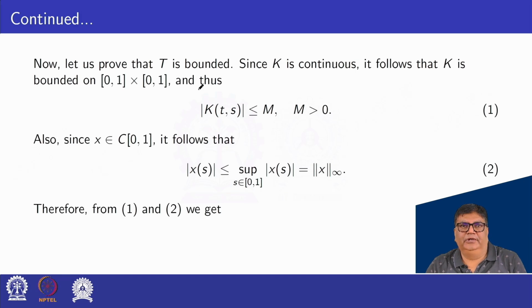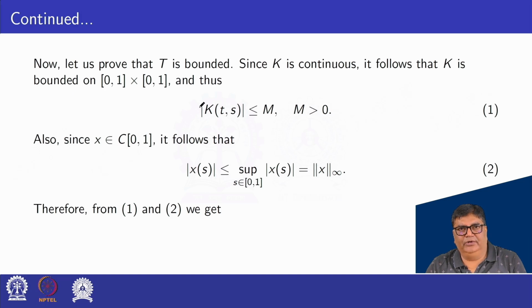Now we prove T is bounded. Since k is continuous, it follows that k is bounded on the closed interval [0,1] cross closed interval [0,1], and thus mod k(t,s) is less than or equal to M, because k is continuous, that is, bounded.